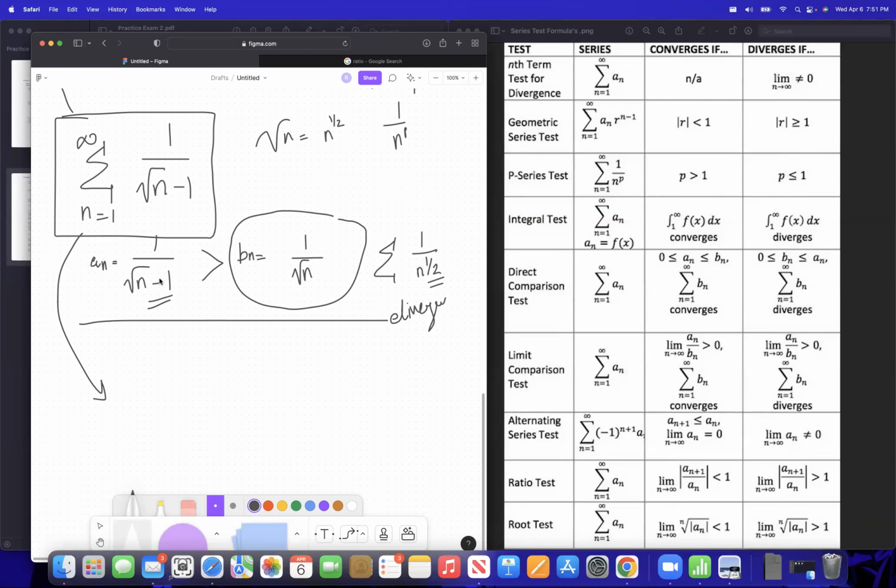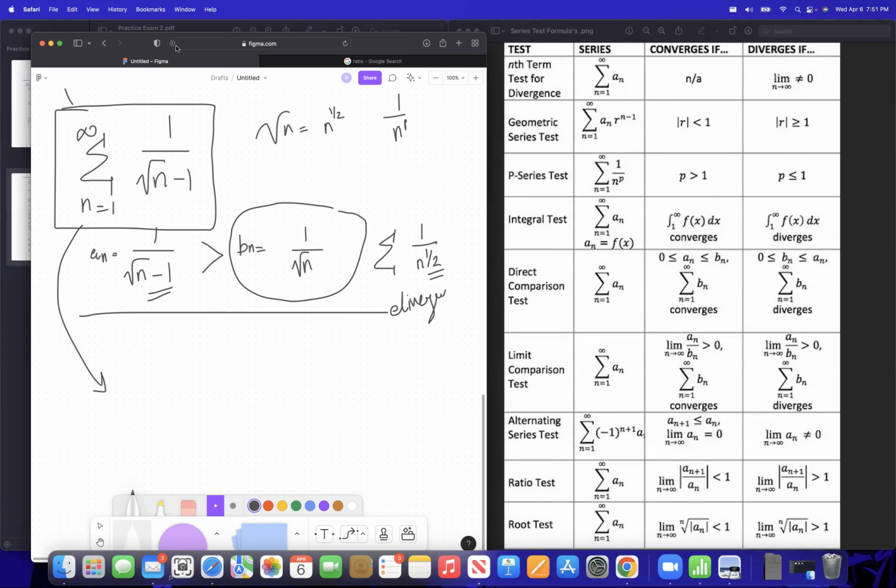So A of n is actually the bigger fraction, and if it's the bigger fraction, then B of n must diverge for A of n to also diverge. Now, if B of n converged, then this test would not be applicable. But since it diverged, it is applicable.